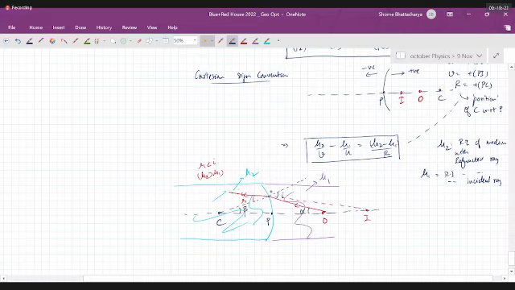This point of incidence is A, and this angle here is gamma. So this time we again have mu1 sine i is equal to mu2 sine r, which will become mu1 i is mu2 r.